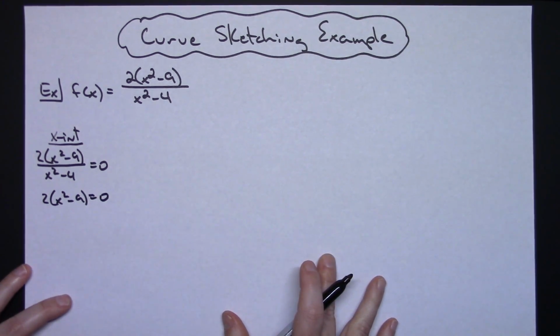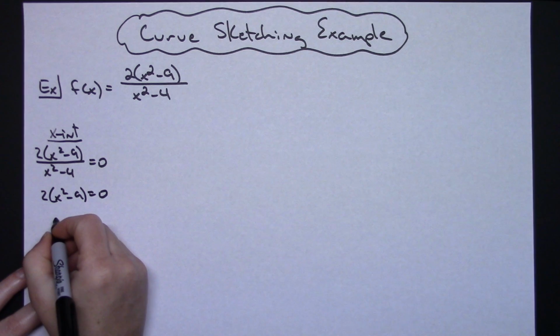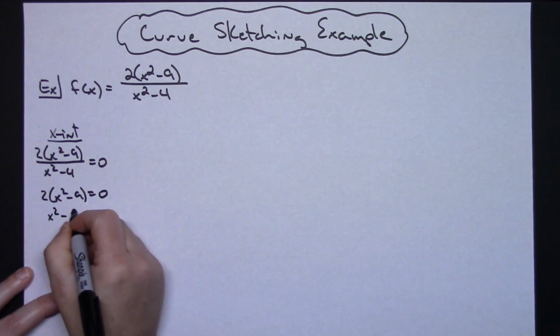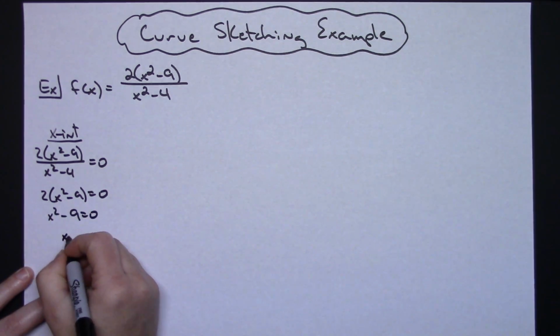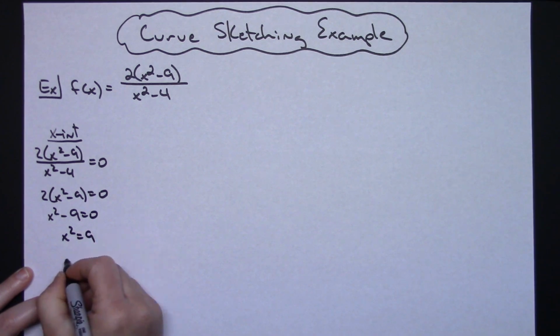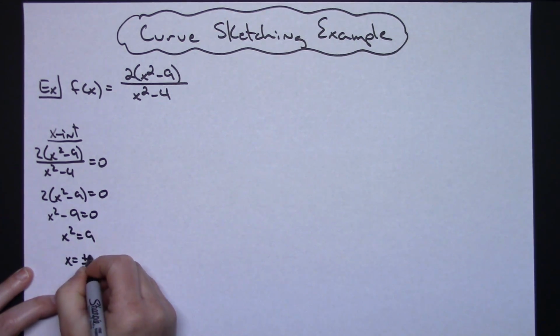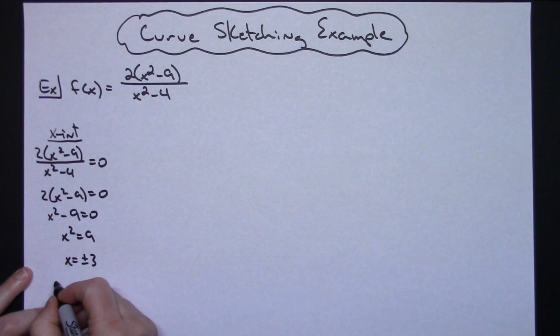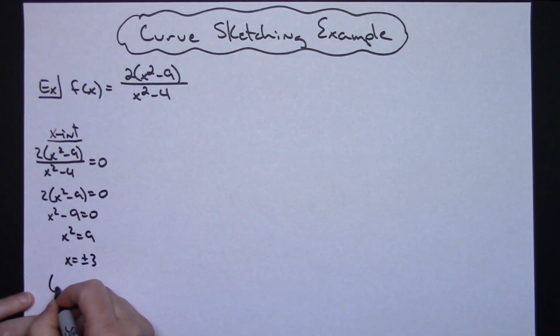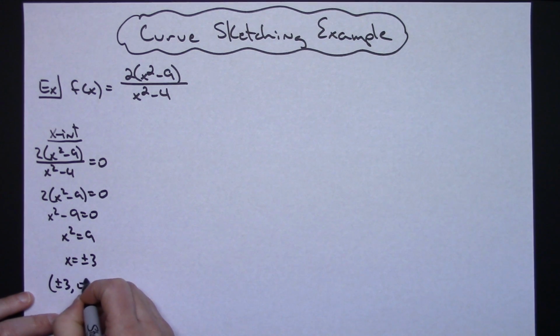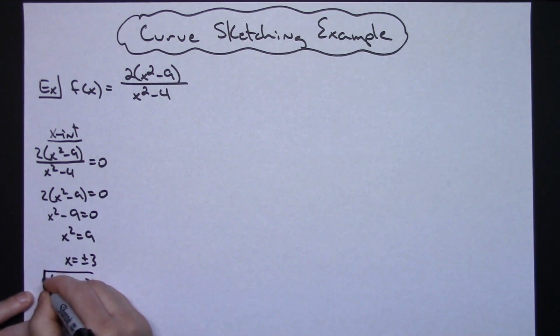I can divide both sides by 2, then I'll have x squared minus 9 equals 0. Add 9 to both sides, and I get x equals plus or minus 3. So I know I've got plus or minus 3, 0 for some x-intercepts there.